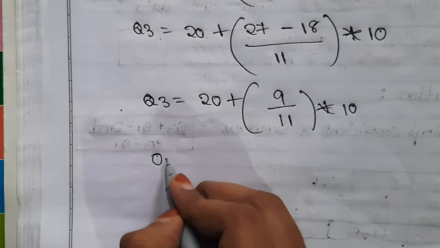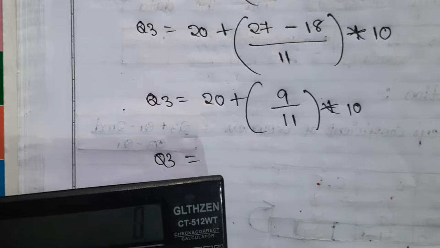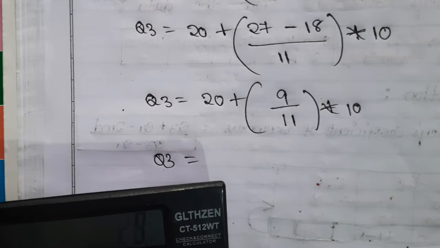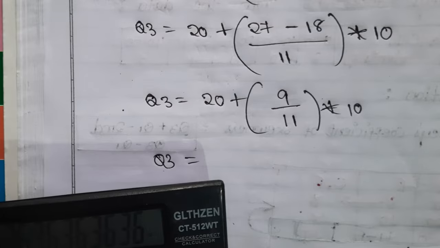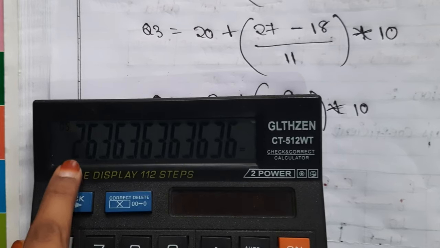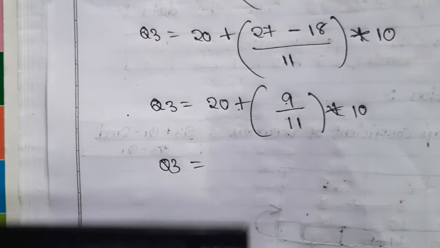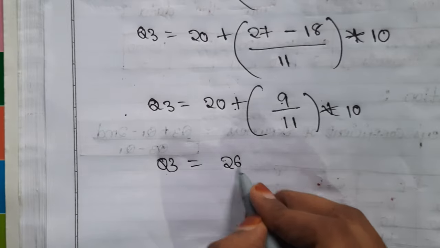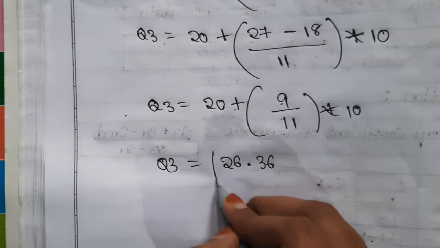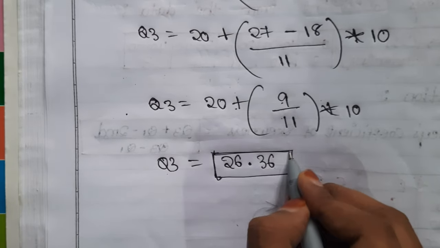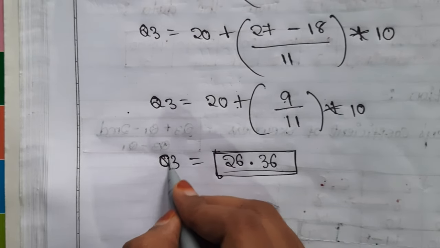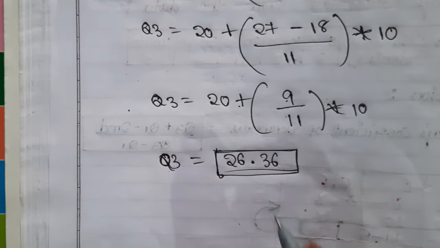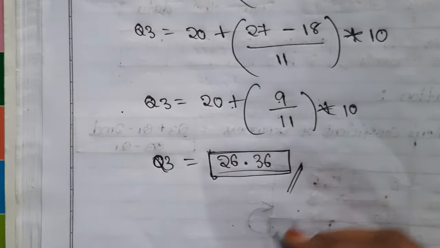Do the calculation now. 20 plus 9 divided by 11 into 10. How much did you get? Yes, we got 26.36. This is our quartile 3. Okay, our Q3 is 26.36. So we found Q3.